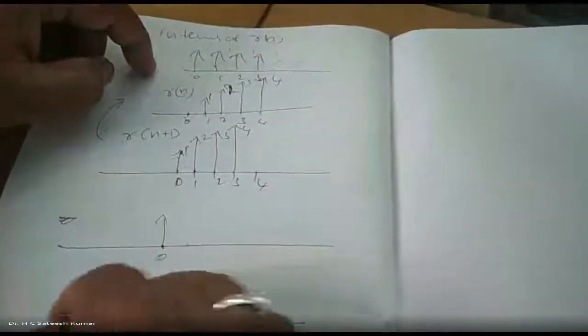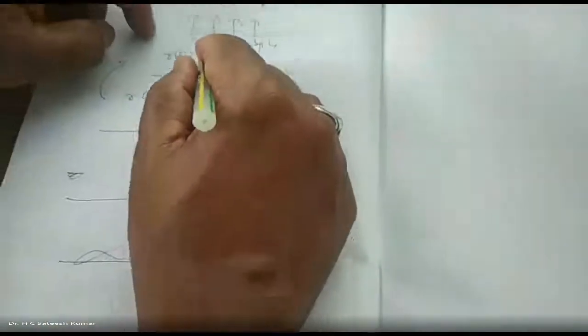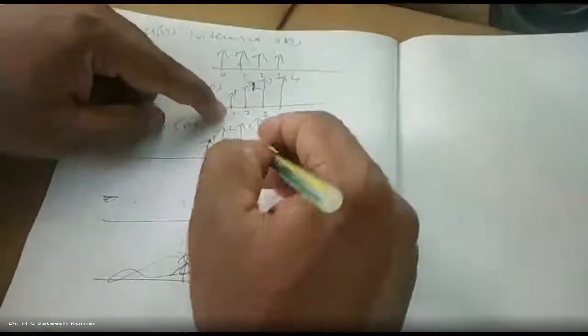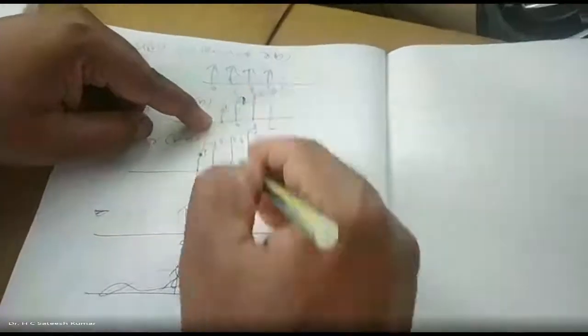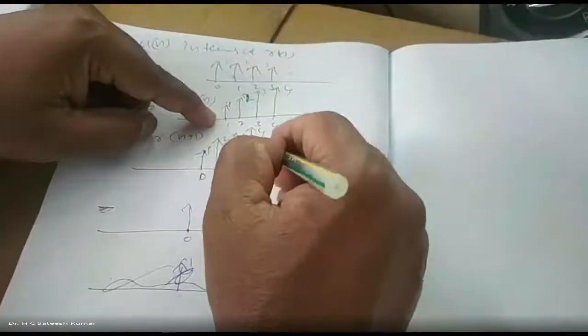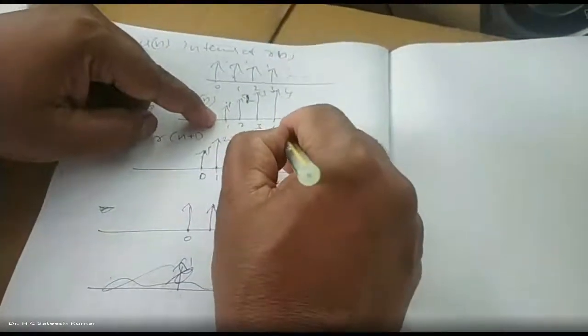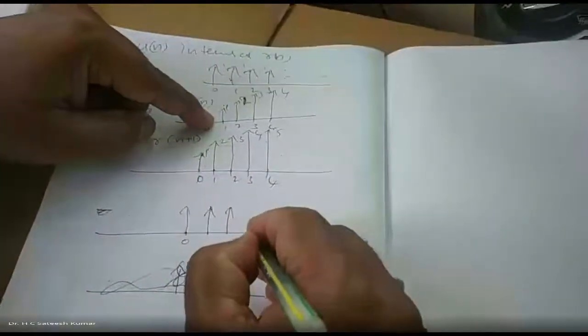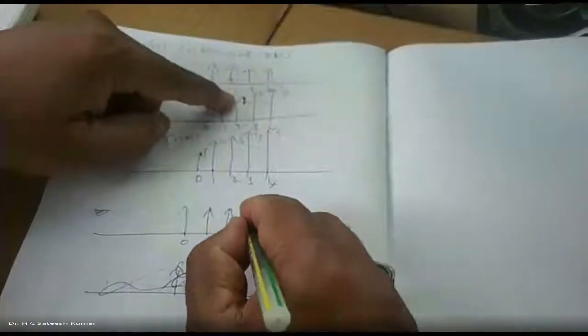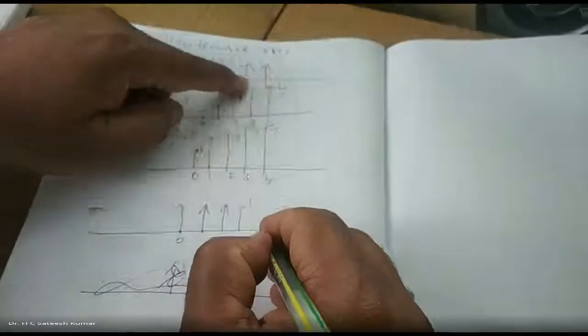Here itself, you can write it. 3 minus 2 is 1. And next, if you go, here it will be 5. 4 minus 3 is 1. 5 minus 4 is 1.